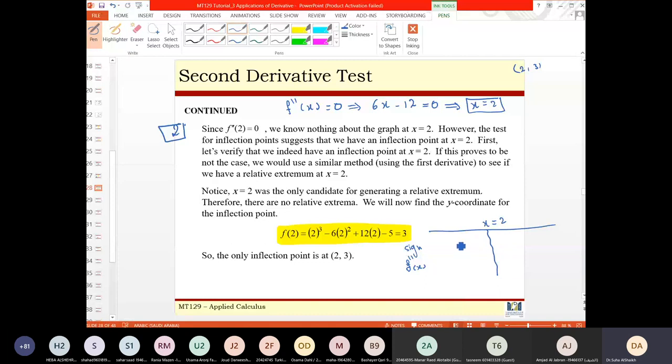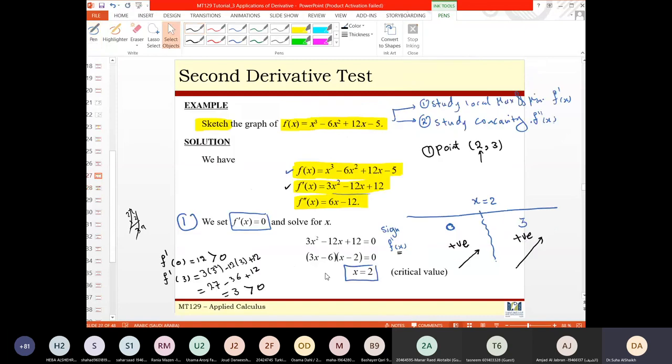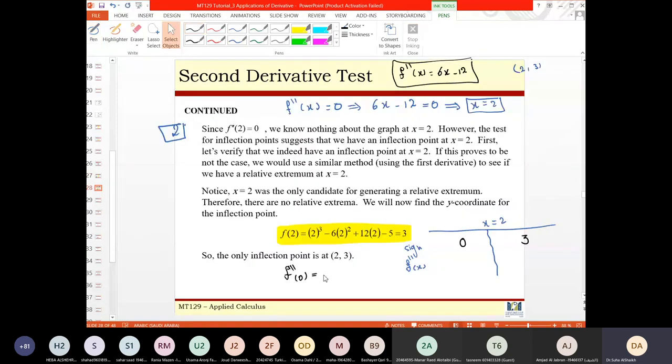A point before, I'm going to take the point 0. A point after, I'm going to take the point 3. Remember, f double dash of x is 6x minus 12. So f double dash at 0 is minus 12.